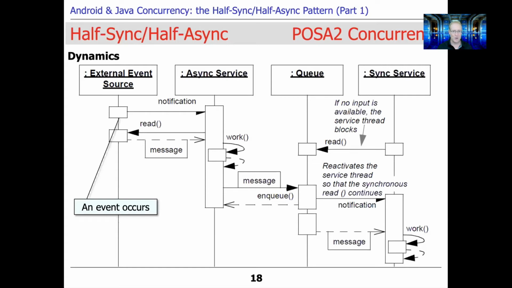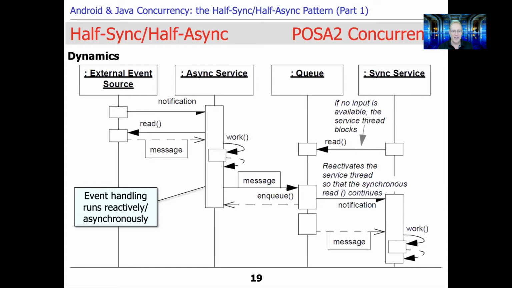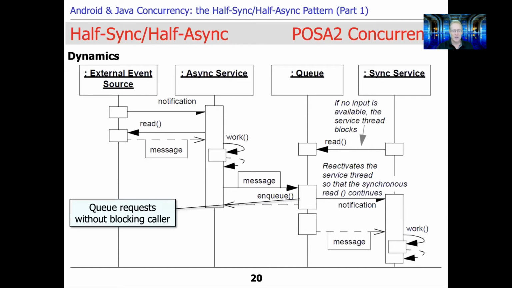For example, the user will provide a URL that you want, and that will be handled by the graphical user interface, and it takes that event, brings it into the system, and then that event will be handed off to the async service layer, which will do something with it. In our particular case, that's going to be used to start up an async task, and the starting of the async task is not going to block.